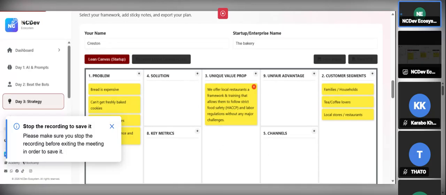So that we might look like a bakery on the outside, but our main business model surrounds helping restaurants actually comply with strict food safety and labor regulations, right? So that's where that customer comes in.